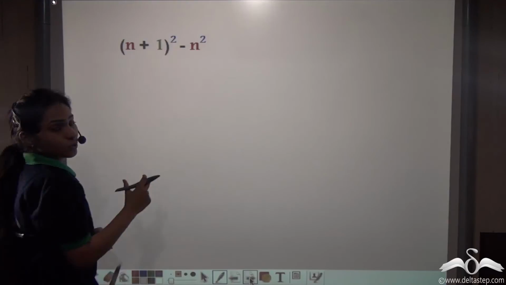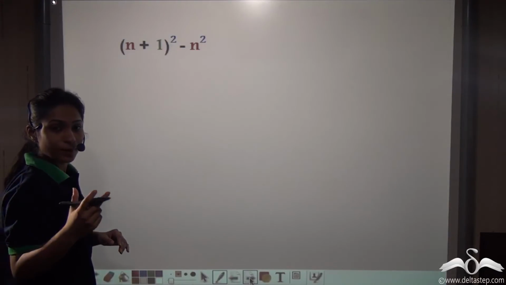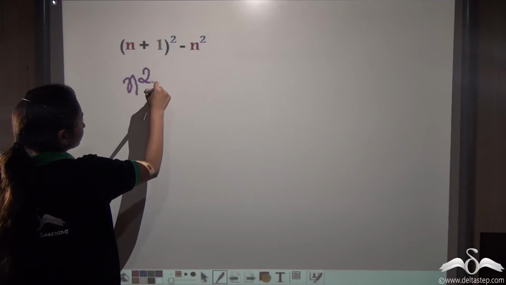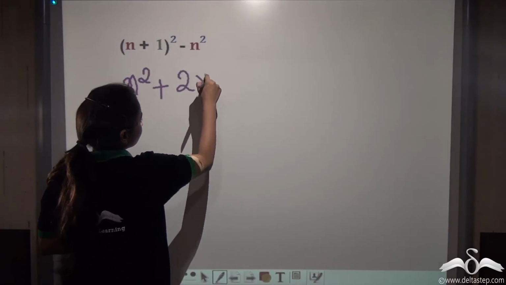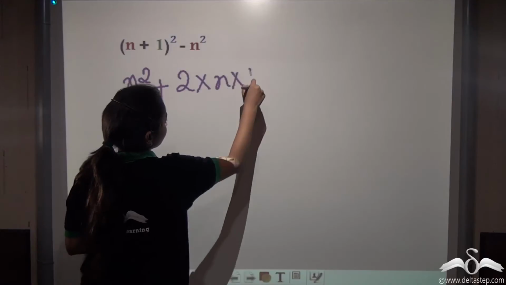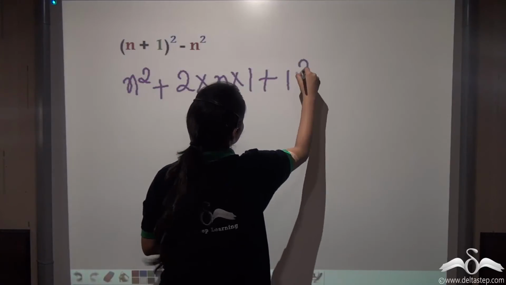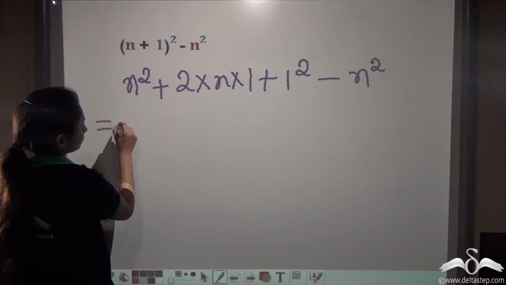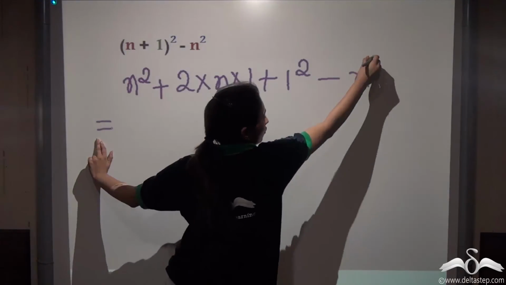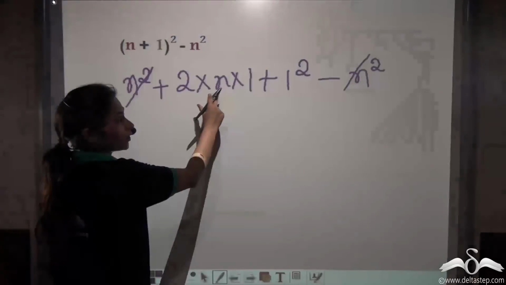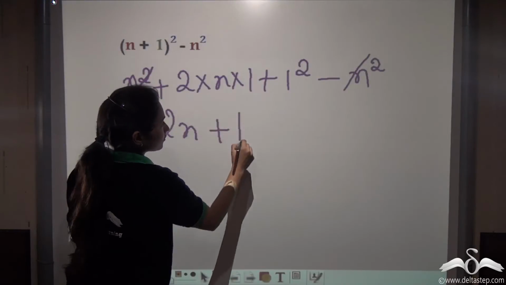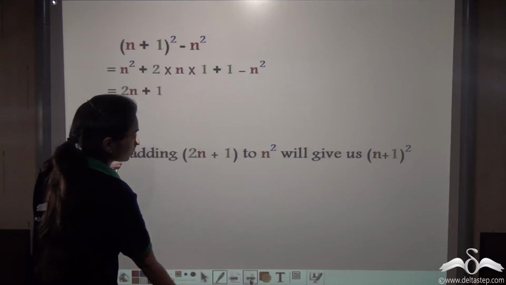With a plus b whole square, that is a square plus 2ab plus b square, expand this. n square minus n square gets cancelled. 2 into n into 1 gives me 2n, plus 1 square gives me plus 1.